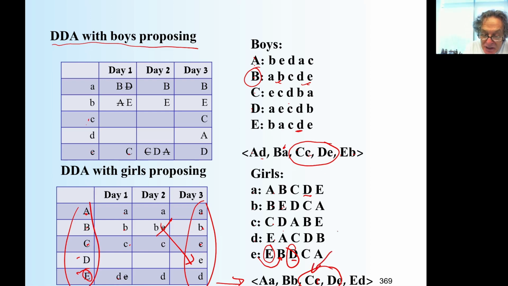At the same time, girl C is the best for C. So if it is the best and the worst, C cannot get something else. Boy C cannot get something better or something worse, because he gets the same thing in both cases. It's the best and the worst, so it's unique. Conclusion: in every stable matching, boy C will be paired with girl C, similarly boy D with girl E.